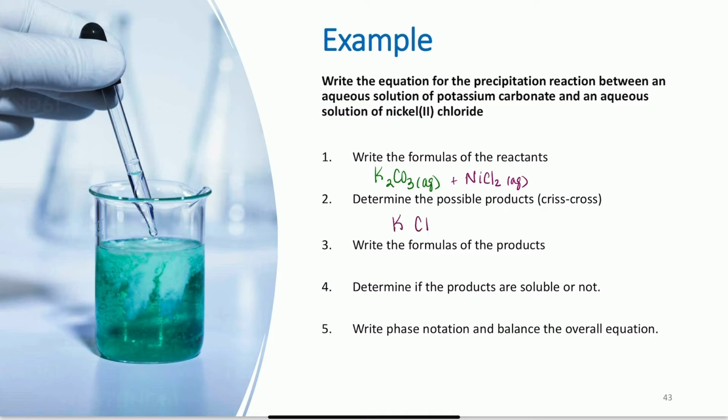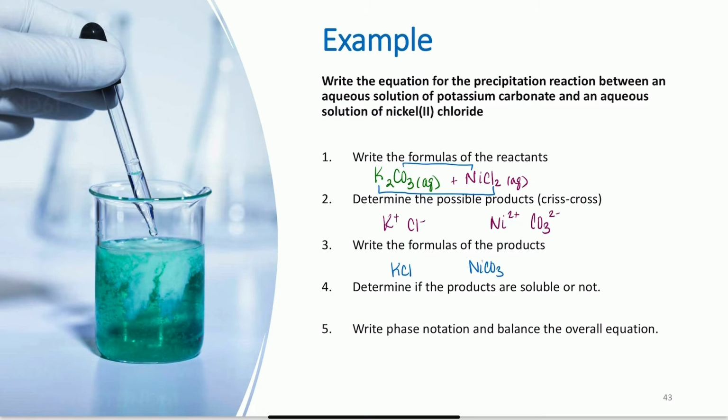K and Cl coming together, and nickel 2 plus reacting with CO3 2 minus. So K plus and Cl minus coming together. So I crisscrossed and I crisscrossed. Write the formulas of your products, KCl and NiCO3.